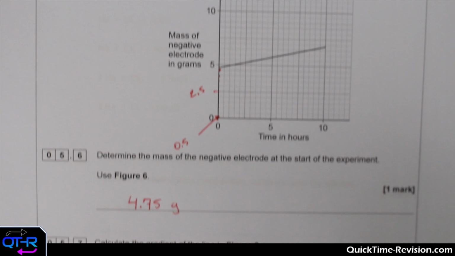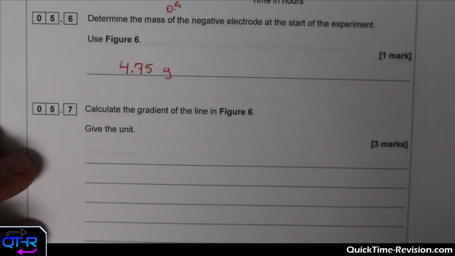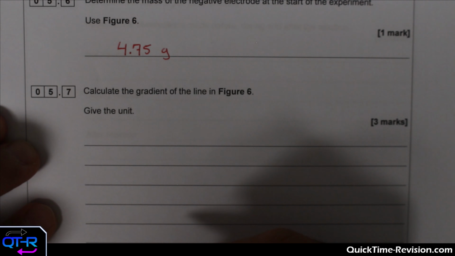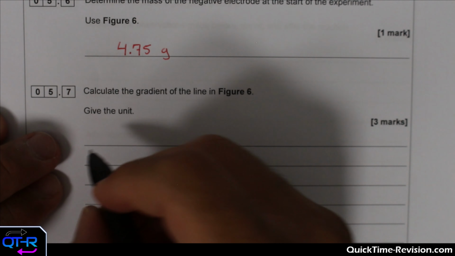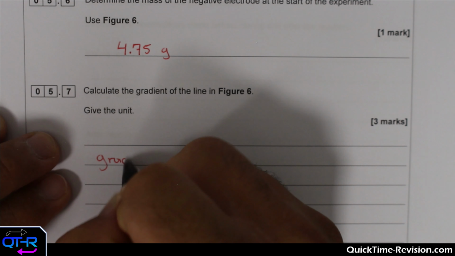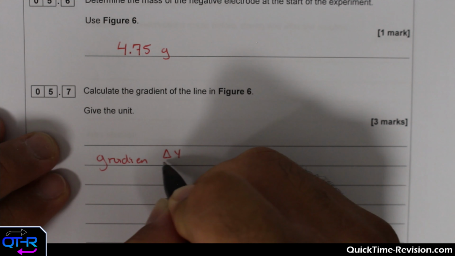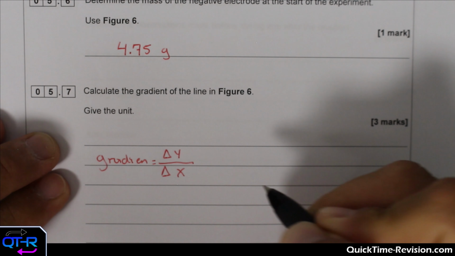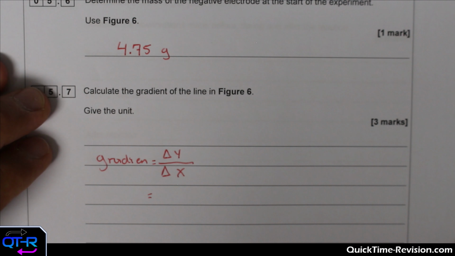Okay, now the next question, it says calculate the gradient of the line in figure 6, give the units. All right, so for this here we're going to need the gradient, which is the change in y over the change in x. Okay, all we need to do is find those two values and do the substitution.